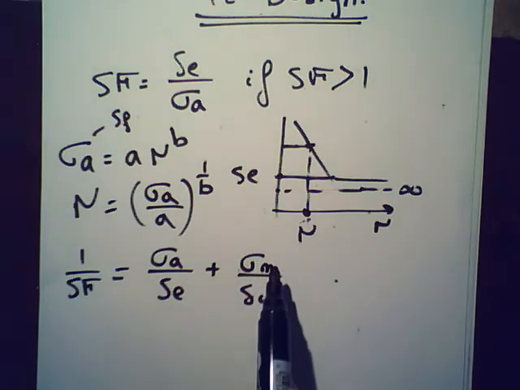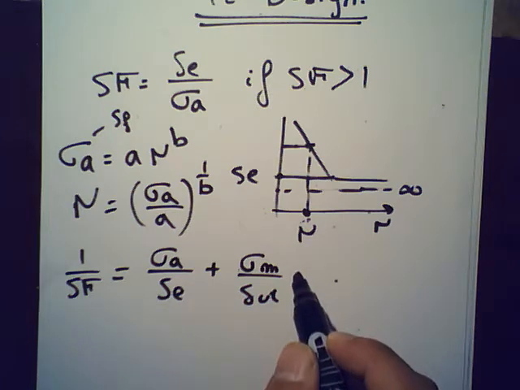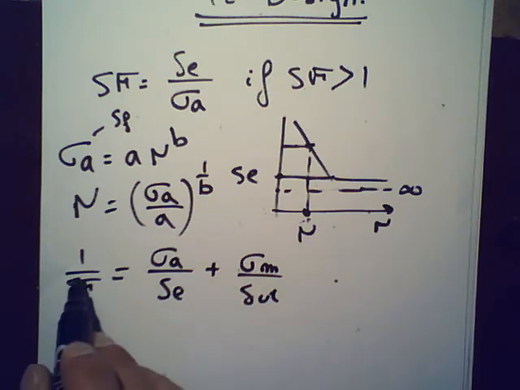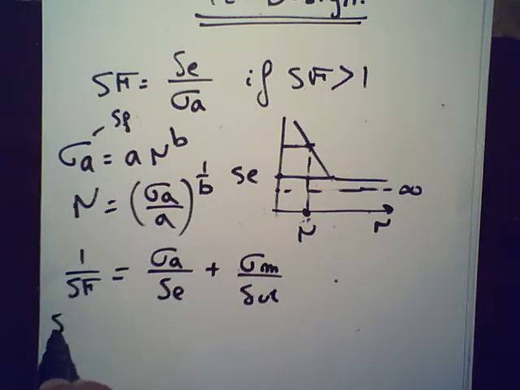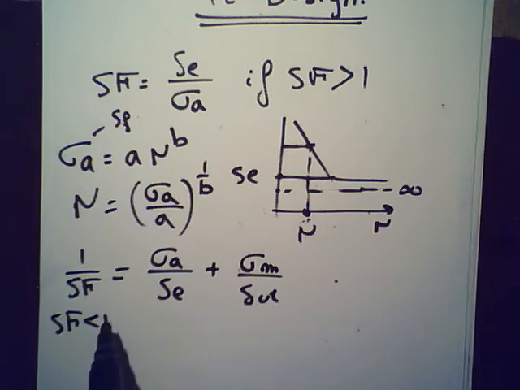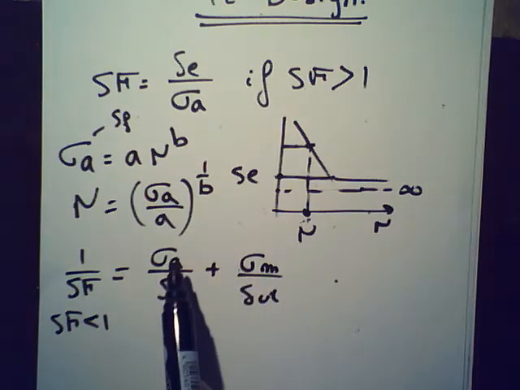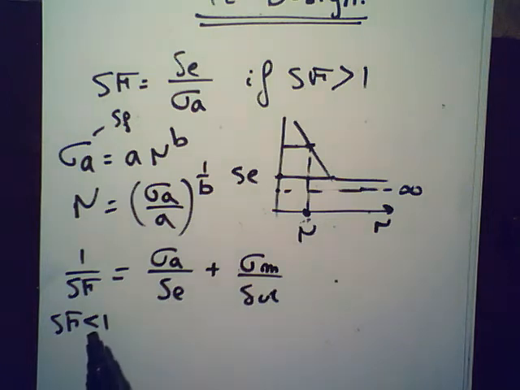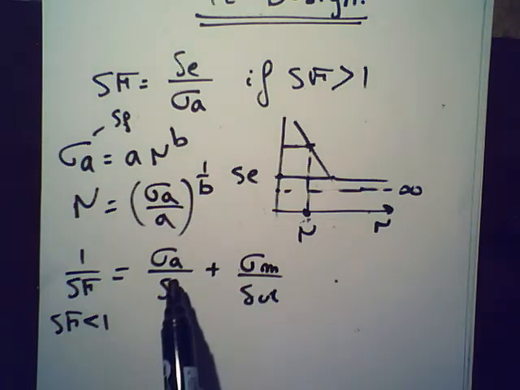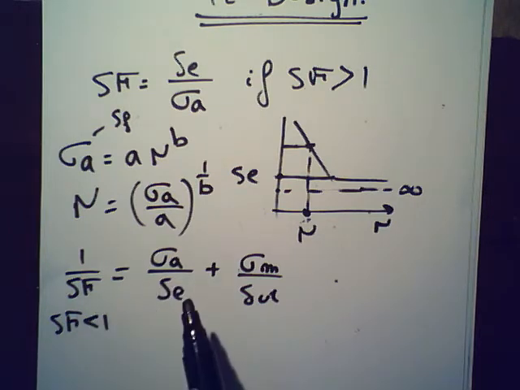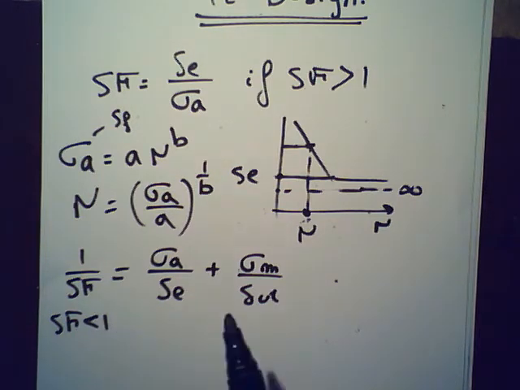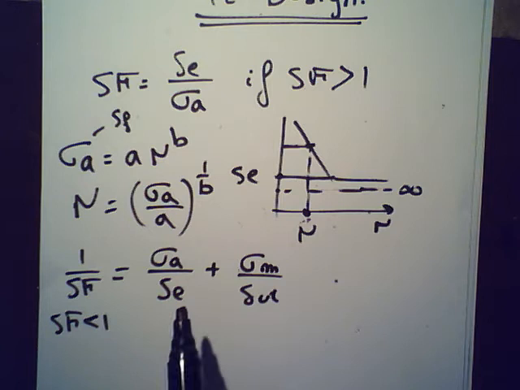If sigma M is not 0 and you solve for the safety factor and it is less than 1, it means the structure will fail as a result of both the alternating and mean stress. That means the structure will fail because of fatigue, but it doesn't mean it will instantly fail. It will fail with time. At some point it will fail.